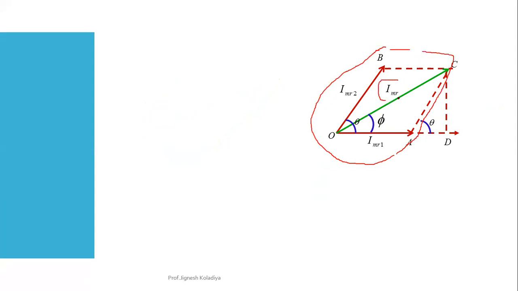And I have this resultant. Now I have to make two triangles in order to derive the equation, because I have to find this IMR and this angle.